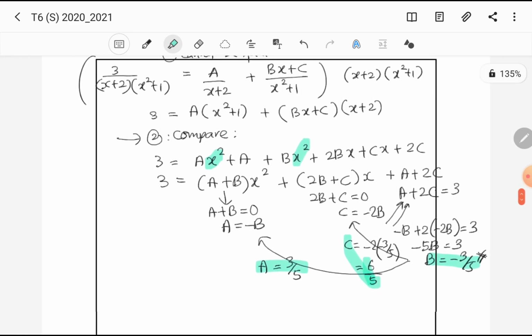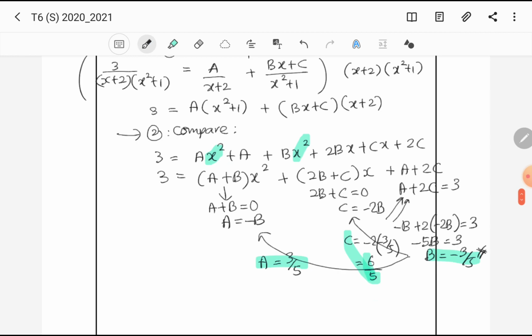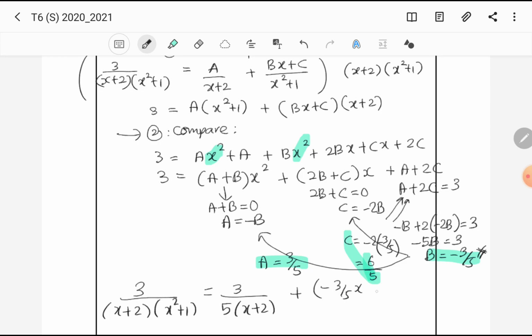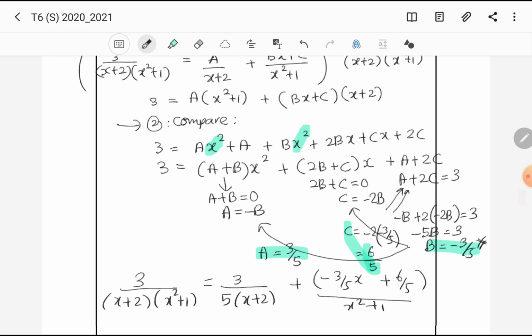Okay, so the last step now is to write the final answer. So 3 over x plus 2 times x squared plus 1 equals to, your A is 3 over 5, so 3 over 5 times x plus 2 plus B is negative 3 over 5 x, and then plus C, 6 over 5, divided by x squared plus 1.